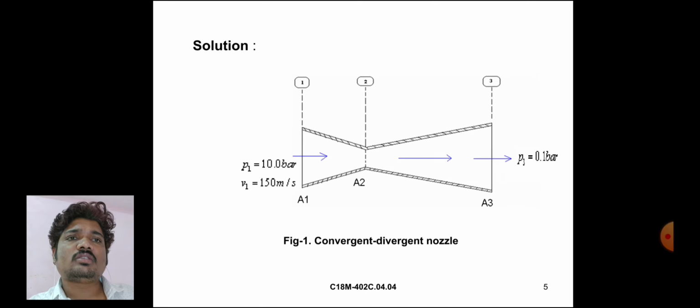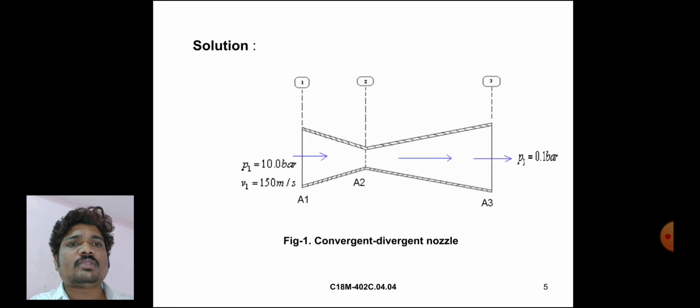Convergent nozzle cross sectional area is A1, divergent nozzle cross sectional area is A3, and the throat area is A2.